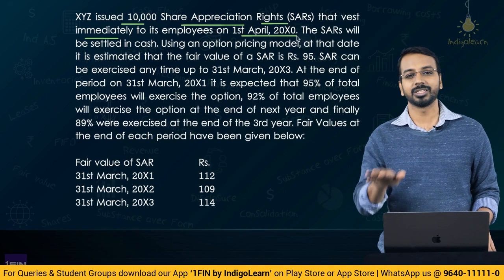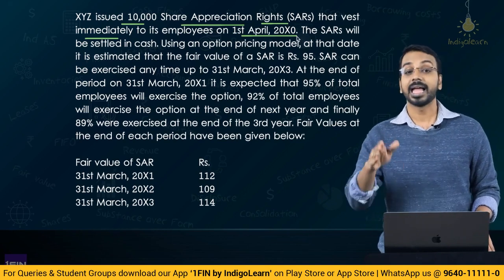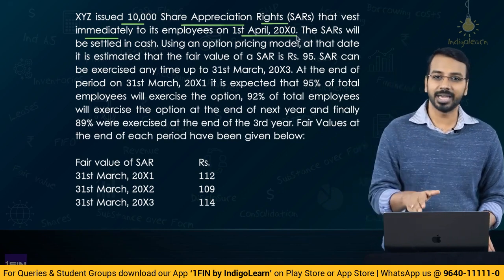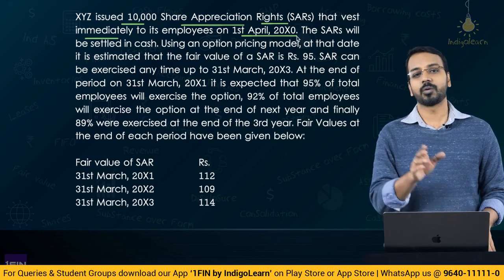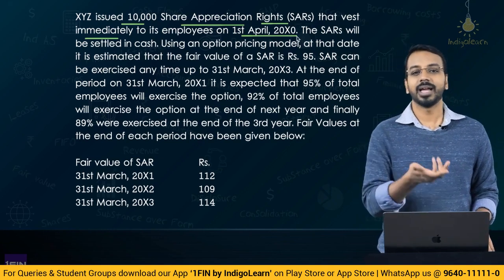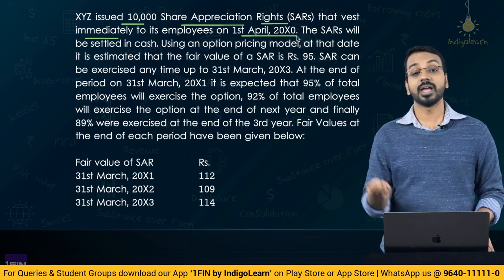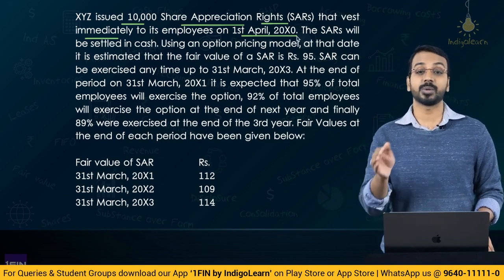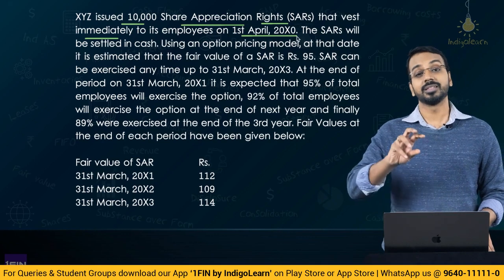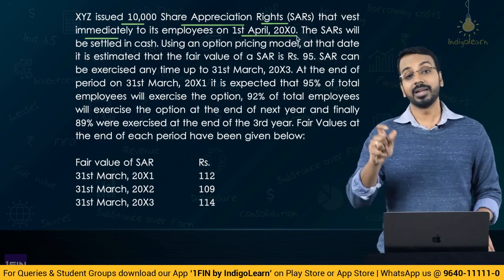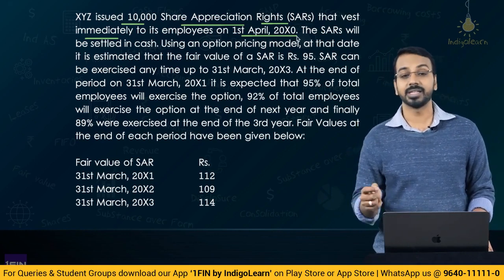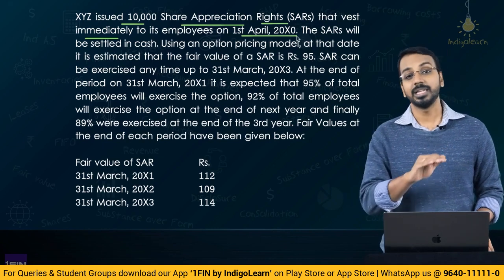All the services have already been provided, and hence there is no further obligation on the employees to provide any service. Meaning to say, the entity will not receive any service in respect of these payments. So that means the service has already been received. We will assume that the entity has received the service and will recognize the expense immediately.